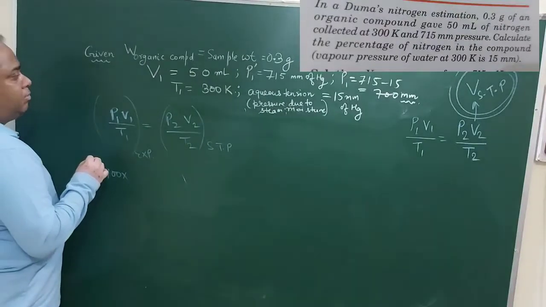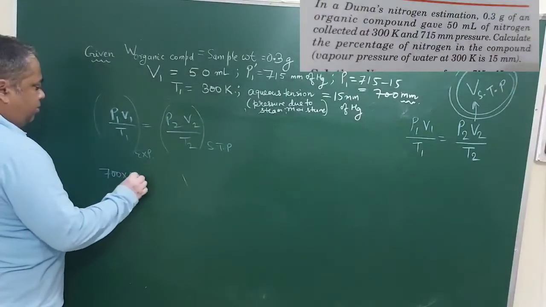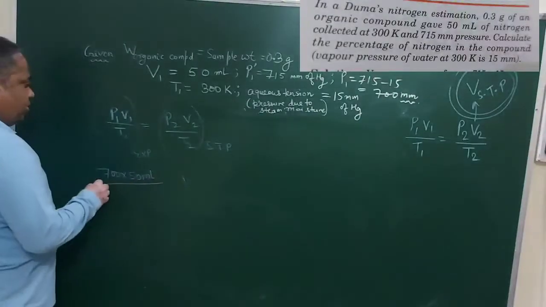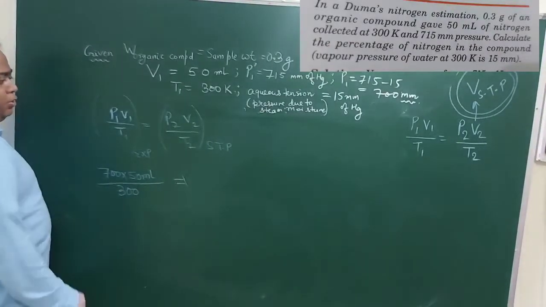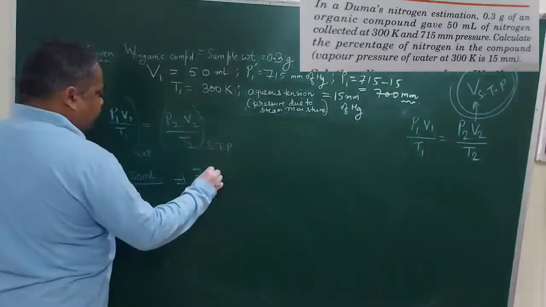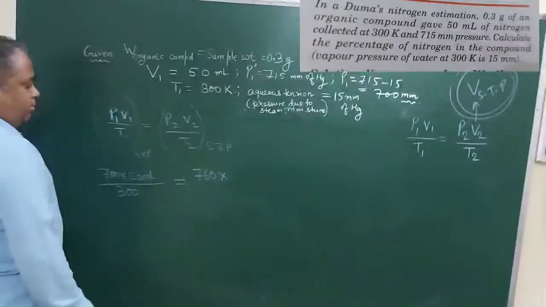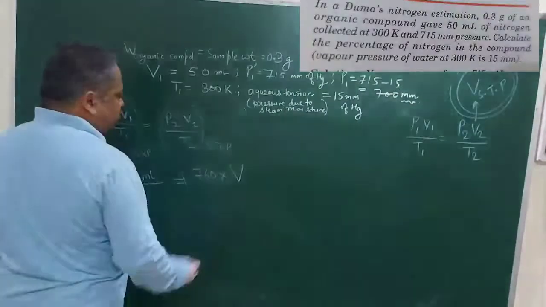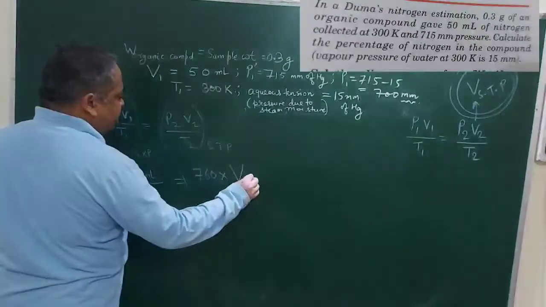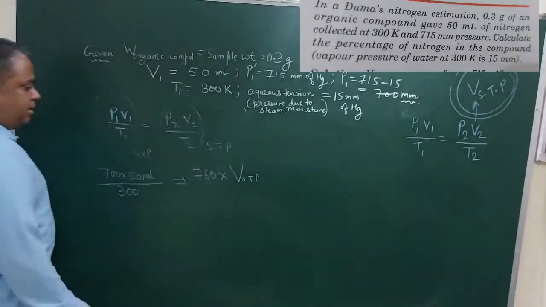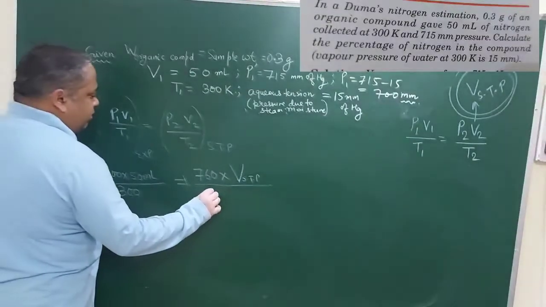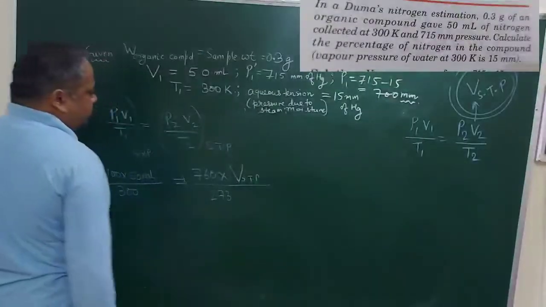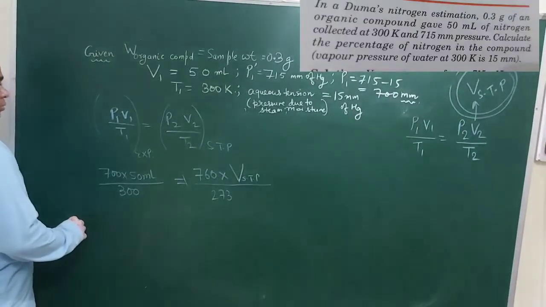V1 is 50 ml. T1 is 300 Kelvin. This side P2 is 760 mm of Hg. V2 we have to find out. That means it is volume at STP, volume at standard temperature and pressure, divided by standard temperature is always 273 Kelvin.